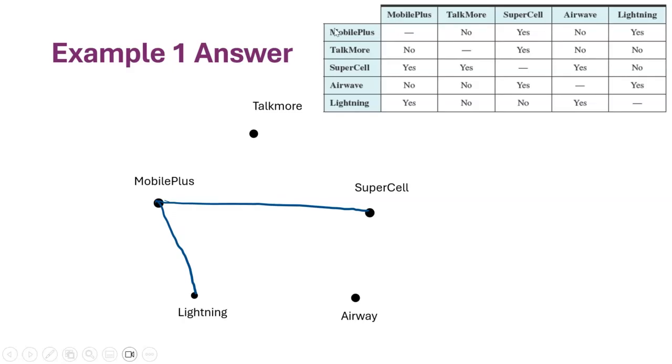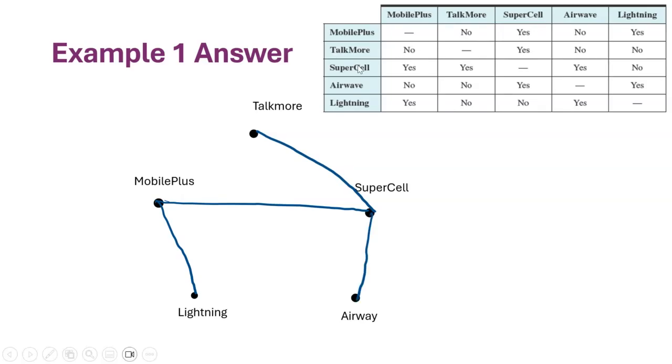And similarly, on the first row of the table, I have 2 yeses. So that indicates 2 edges, one with Supercell and the other one with Lightning. Then I go to Talk More, and Talk More has only an agreement with Supercell. So we have that edge.